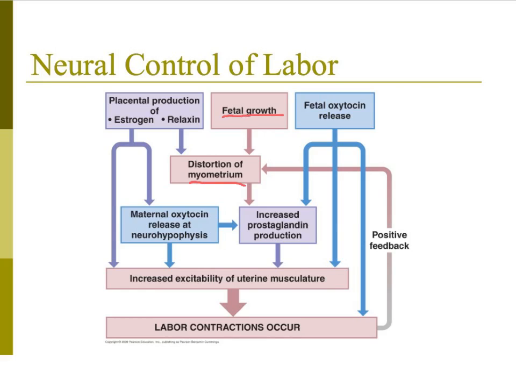It distorts the myometrium, which causes an increase in prostaglandin production, which increases the excitability of the uterine musculature. Okay? And that's going to cause labor contractions to occur. You should be able to answer the other 4 questions. I can promise you that you will see this chart on the next lecture exam.